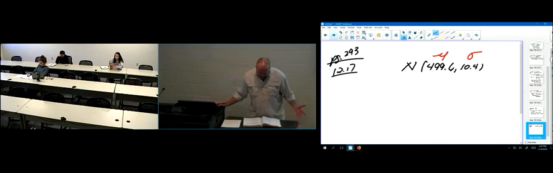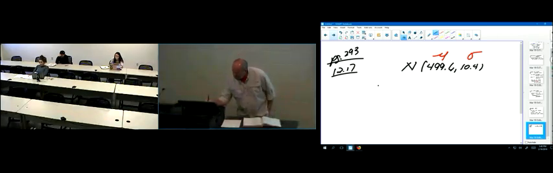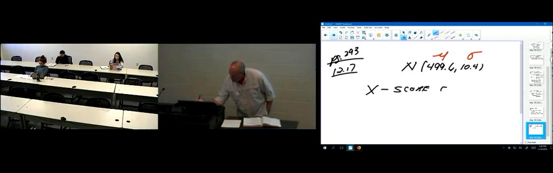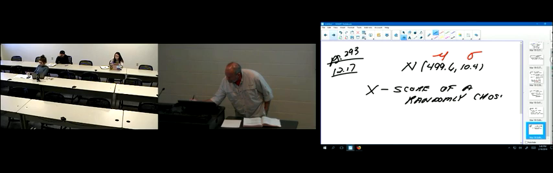It says, this is a continuous probability model for a score of a randomly chosen student. When you see a randomly chosen whatever, here comes the probability questions. It says, call the score of a randomly chosen student X for short. So X is the score of a randomly chosen student.